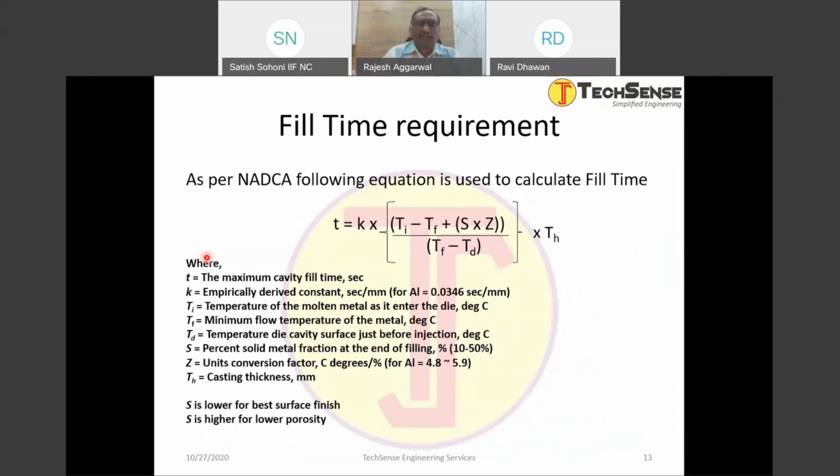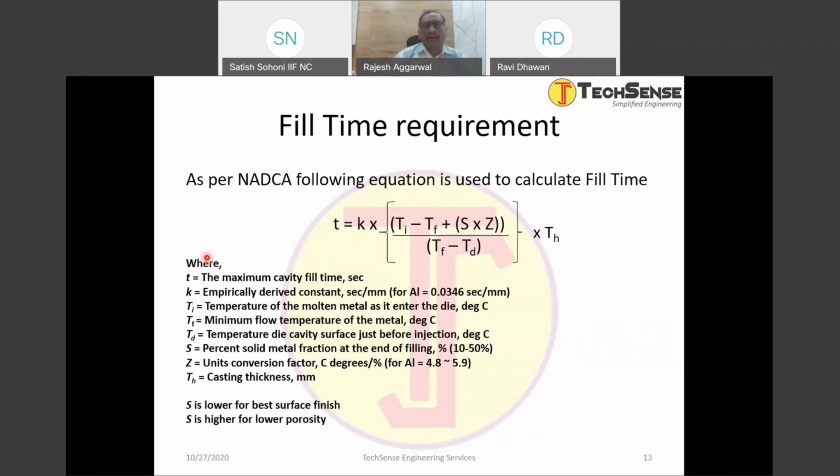Now, based on this basic understanding of the solidification behavior, we can calculate the fill time required to fill casting, right? As per NADCA, the following equation is used to calculate the fill time.